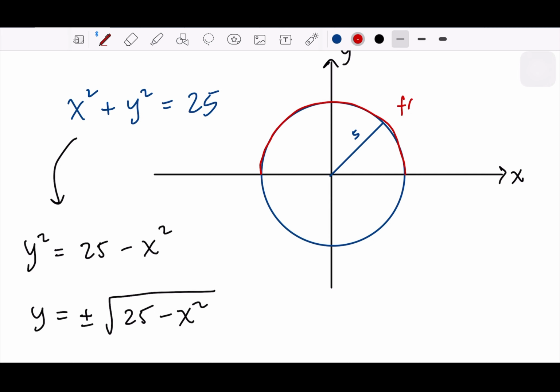So this will be f of x, positive, and the bottom one we can have negative. And of course, if we have these two definitions, we might have some idea to differentiate each one, right? We can just differentiate as usual with the square root.